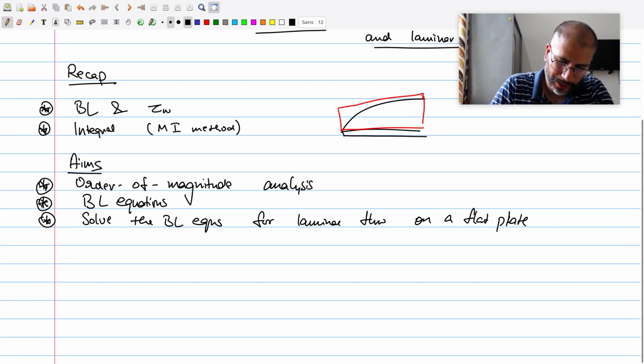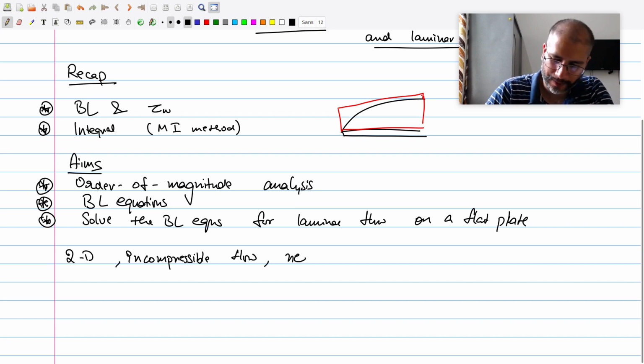So the equations we'll be considering are going to be for a 2D situation. Okay, this is for simplicity. So it will be incompressible flow. We will neglect gravity and the flow will be steady.